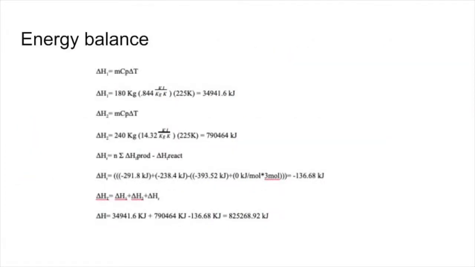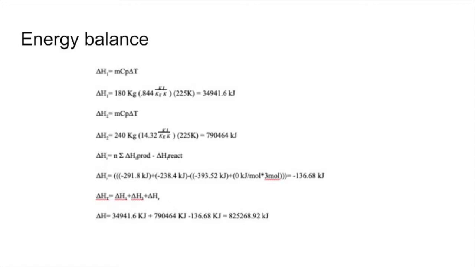Then we have to calculate the energy balance, and here we have 2 types of energy: the sensible heat and the heat that the reaction produces. First, we have to increase the temperature of the reactants because we have to do the reaction at 250 Celsius, and we calculate it with the mass, the Cp of the reactant, and the change in temperature.